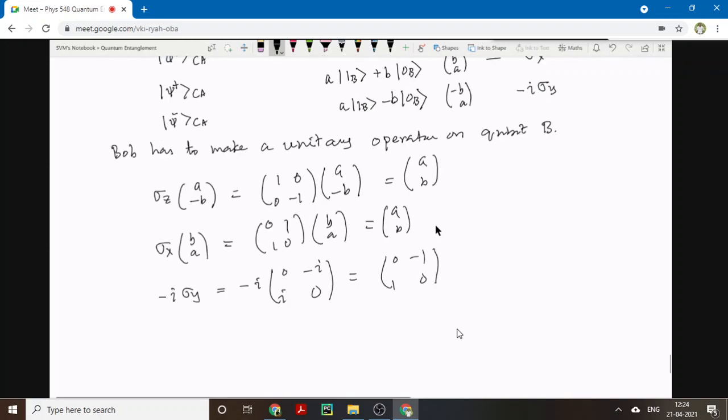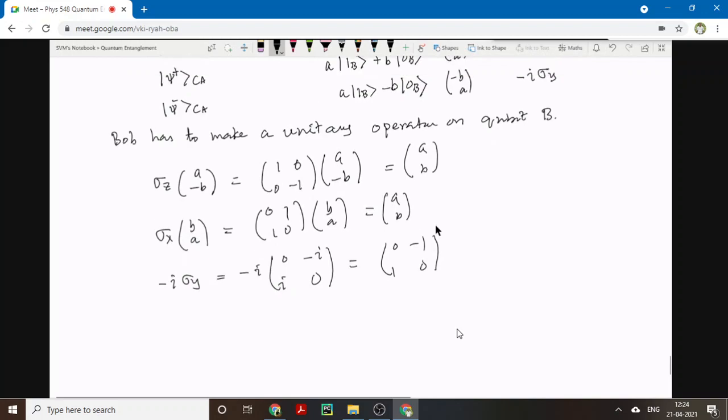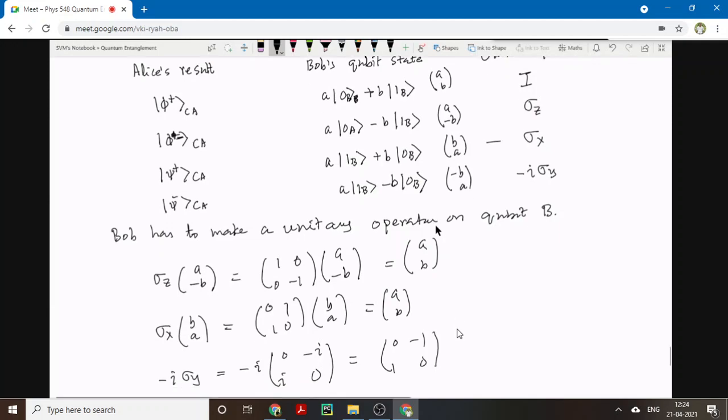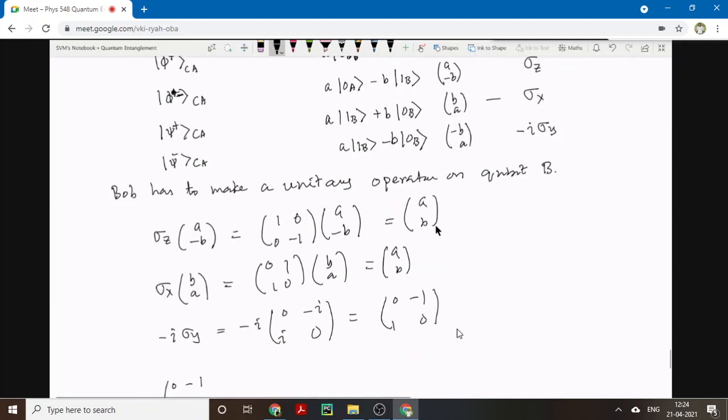So finally what we have is minus B A. Maybe it is simply I times sigma y, so this is not minus I, but simply I times sigma y.